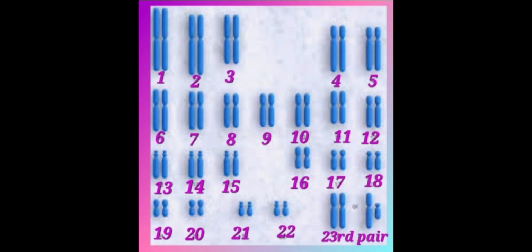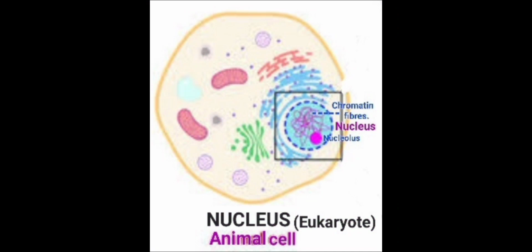When we consider the entire karyotype, then there is a controversy between the Y chromosome and chromosome number 21 as to which one among these two is the smallest. Some of them claim that chromosome number 21 is the smallest.